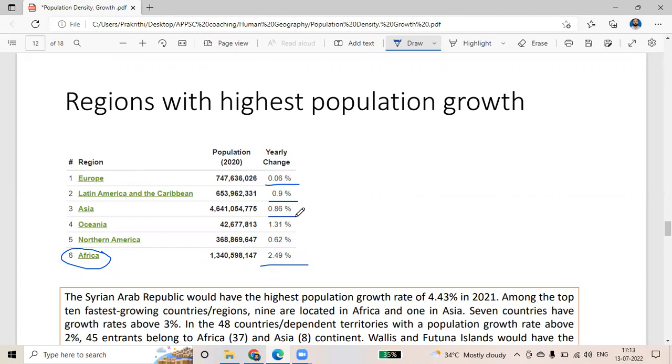So even a small change in population shows a bigger change in the population growth rate. That is why Oceania comes second place at 1.31%. Then North America, it is 0.62%. So the danger situation right now is greatest for Africa.